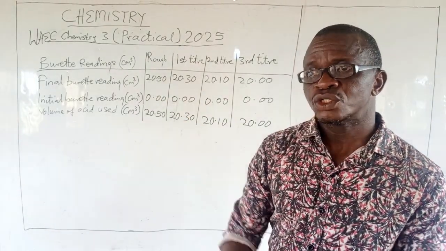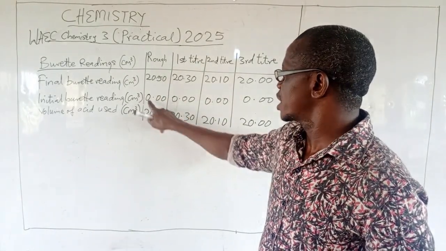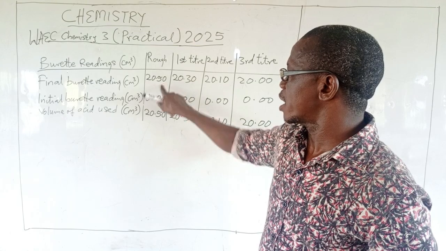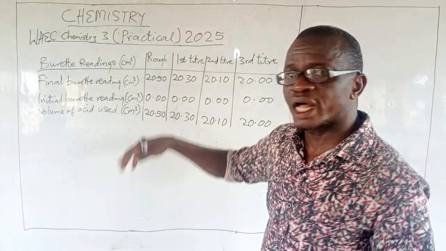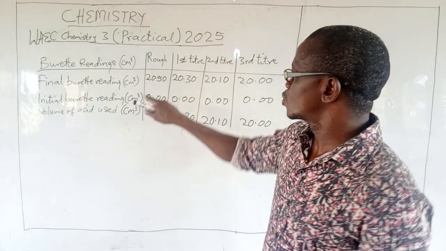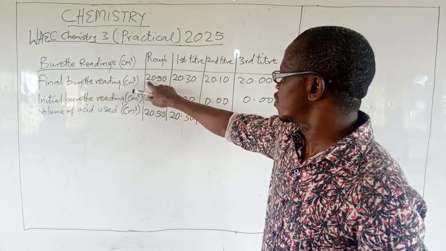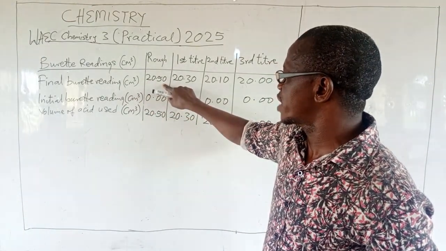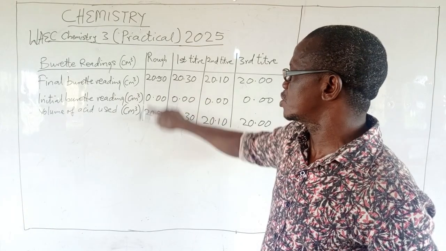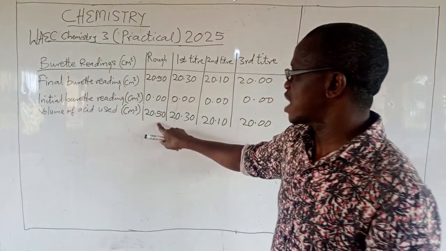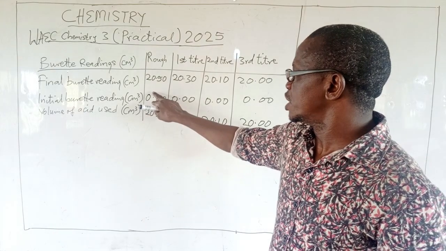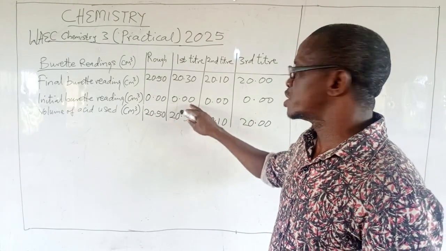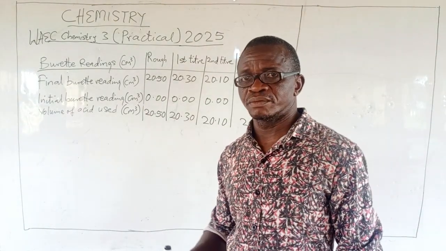The color change took place. I stopped. Take the reading as my final. Then subtract initial from it. Assuming I took the initial from 5, I would have written 5. And when I obtain final, I will subtract the 5 from this to get the volume of acid used. Very important. So the initial must not be 0 at all times.